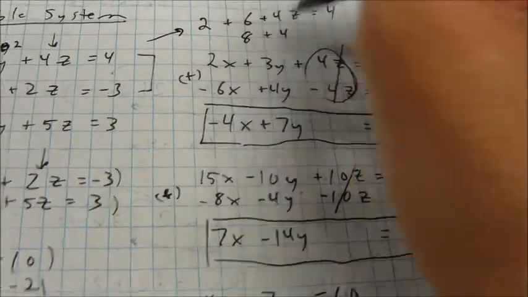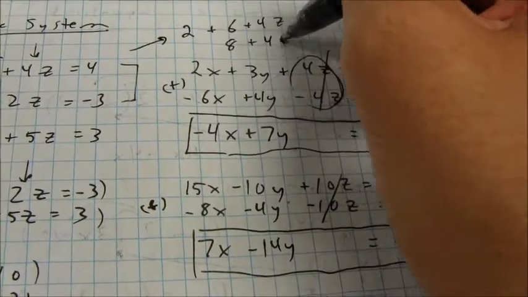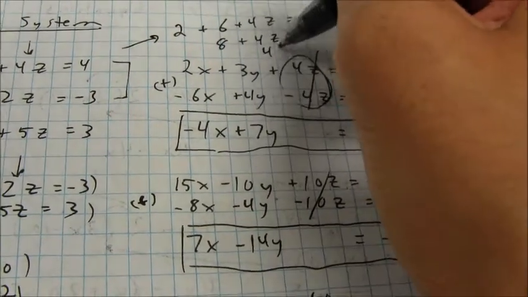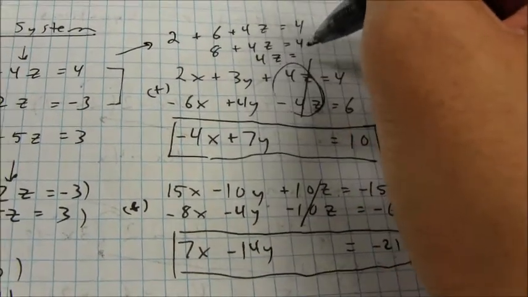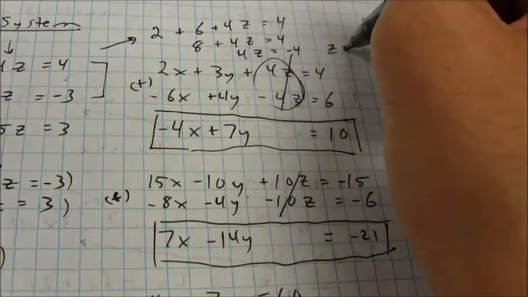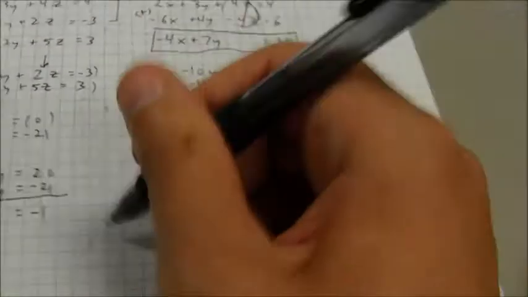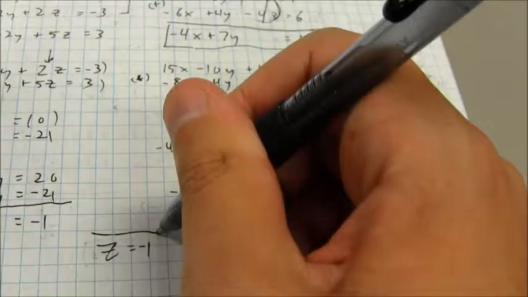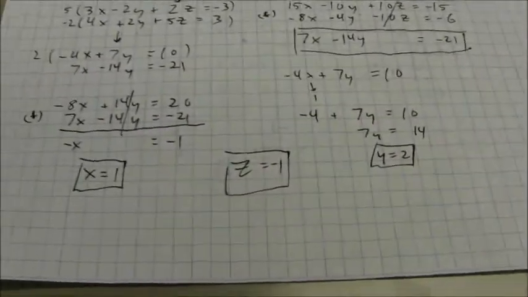That's 8 plus 4z equals 4. 4z equals negative 4, so z is going to equal negative 1. So there are my three answers.